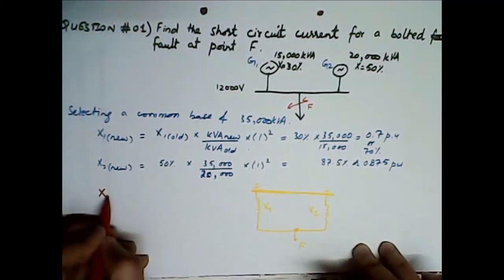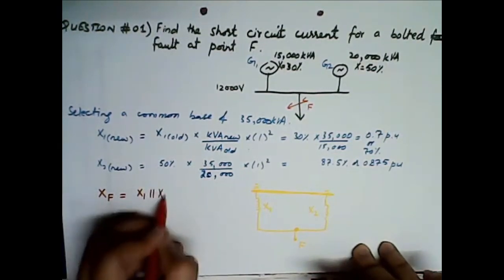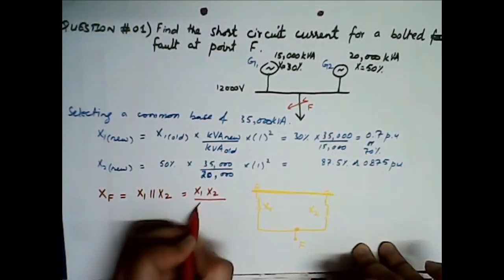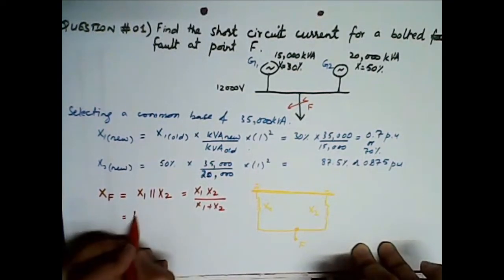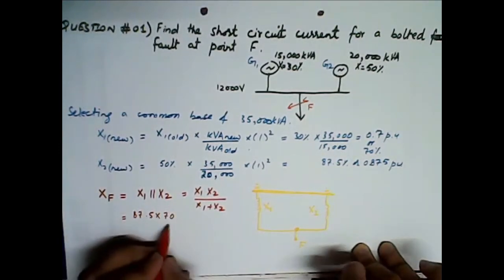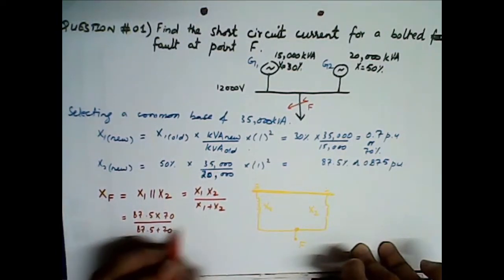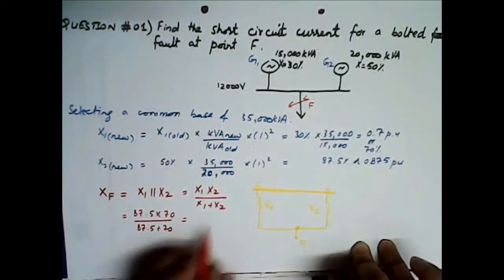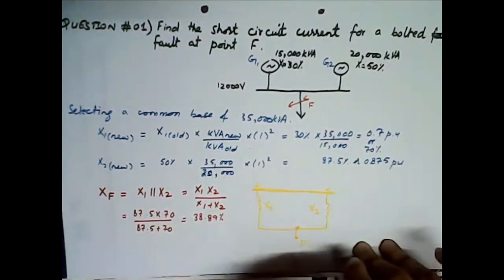So the fault reactance xf equals x1 parallel to x2. So we can write it as x1 times x2 divided by x1 plus x2, which will be 87.5 times 70 divided by 87.5 plus 70, so it would be equal to 38.89%, right?